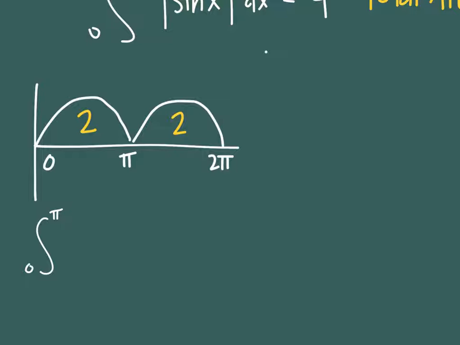And so you would have the integral going from 0 to pi of sine x. And then the way to make negative area positive on an integral is to switch the order of the bounds. And so instead of going from pi to 2 pi, you would switch it and go from 2 pi to pi, and you'd do your bounds backwards.